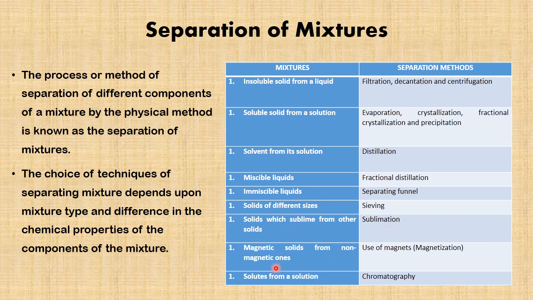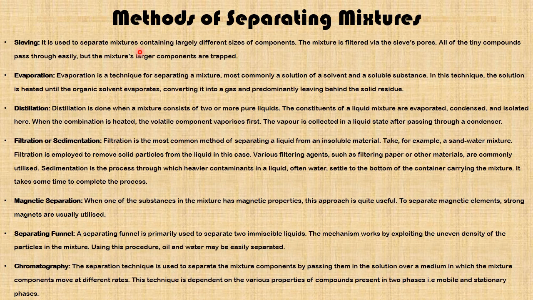Now, for mixtures containing magnetic solids and non-magnetic ones, we use magnetization. And if we want to separate solutes from a solution, we use chromatography.